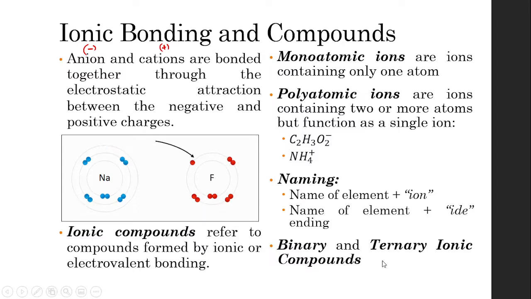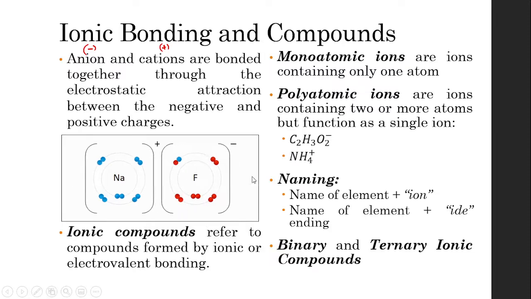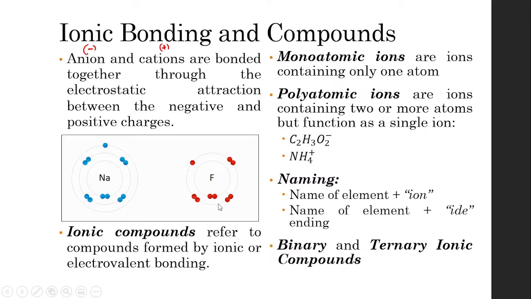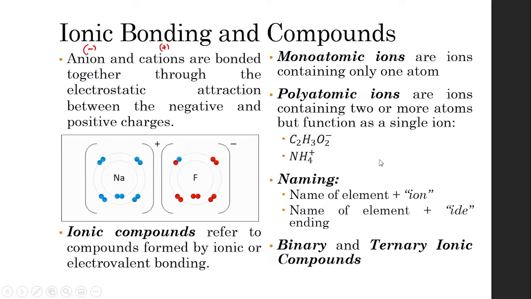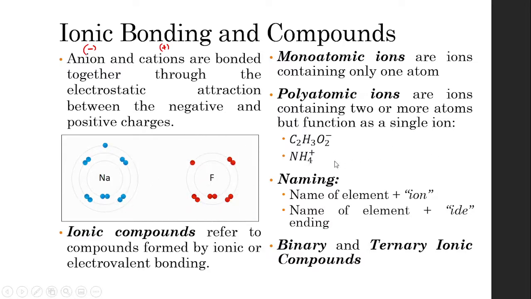Ternary ionic compounds are a combination of three or more ions, which happens usually with our polyatomic ions. So for example, if you have NH4 and combine it with another anion, then you would have three or more elements in there, which will make it a ternary ionic compound.